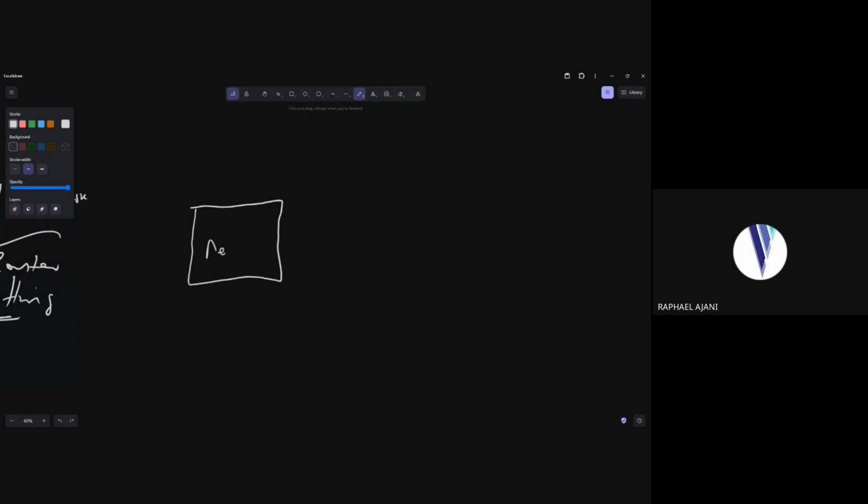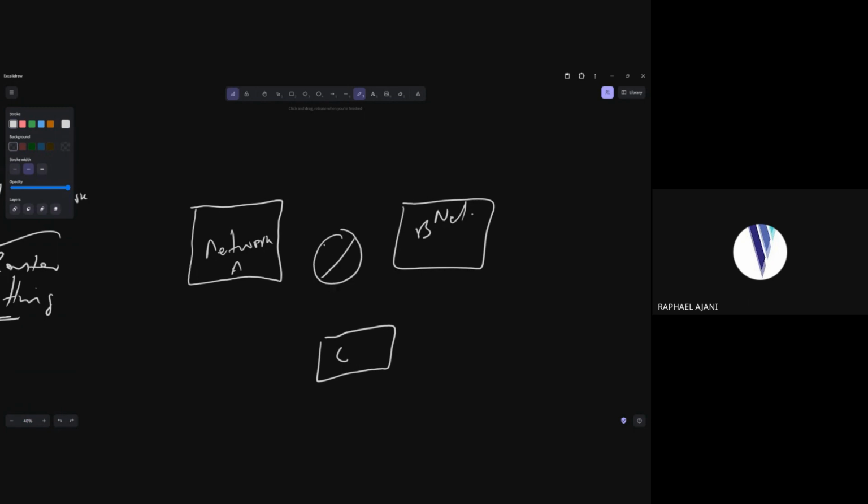So this is network A. This is network B. This is network C. There must be something here that will understand that any packet coming from within this network or within this network, meant for maybe network C, will actually be directed to network C. And it is the router that does that.